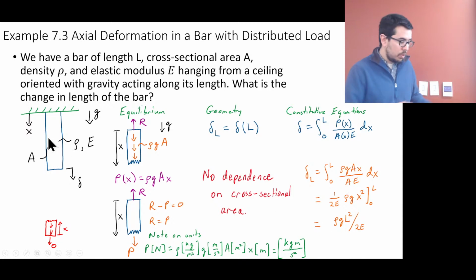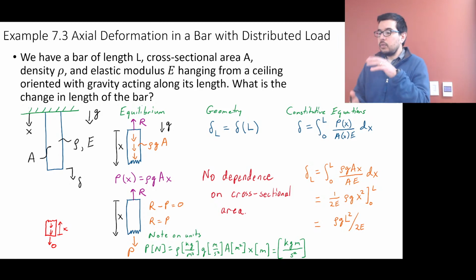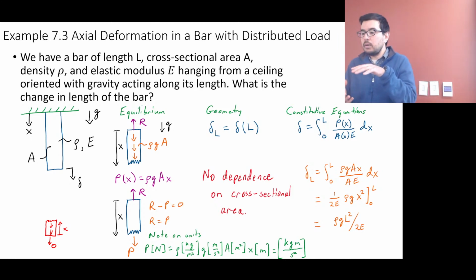If you're looking at the extension of an object, it doesn't matter if it's a very narrow cable or a large cylinder with a large cross-sectional area. The amount of extension at the end is going to be the same.